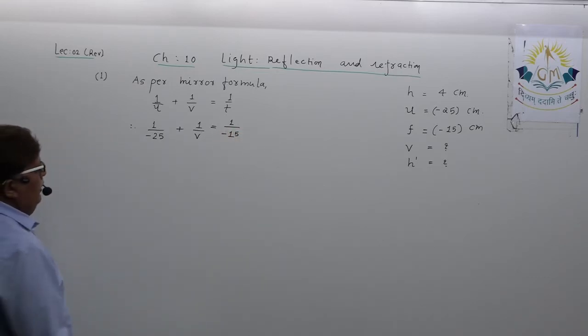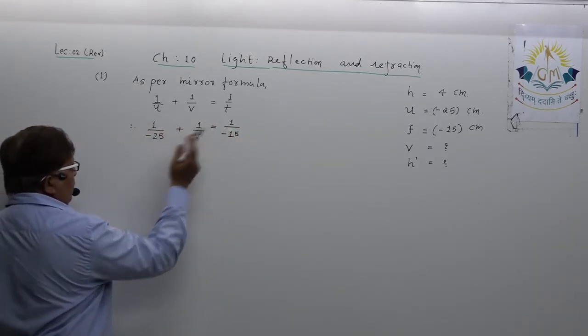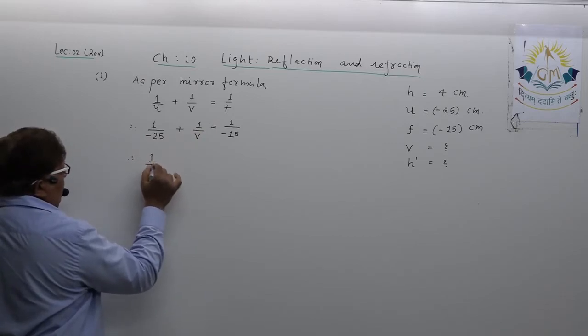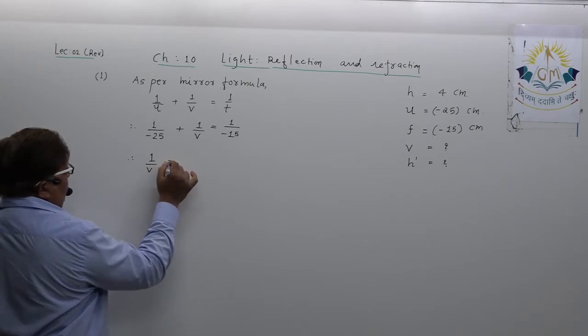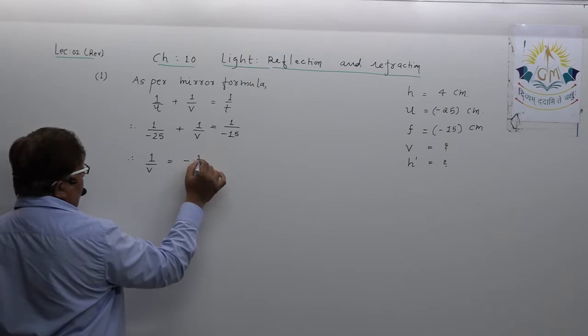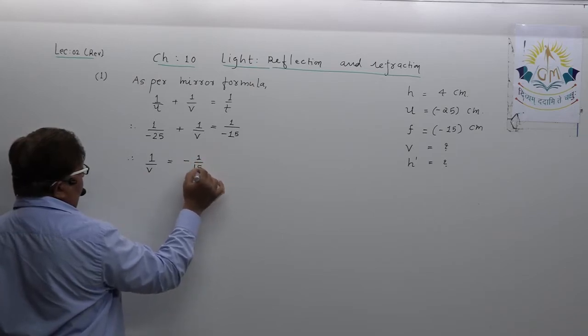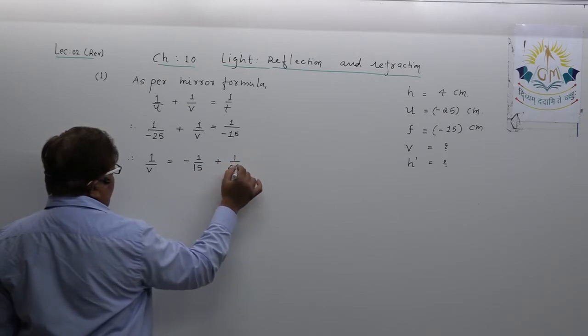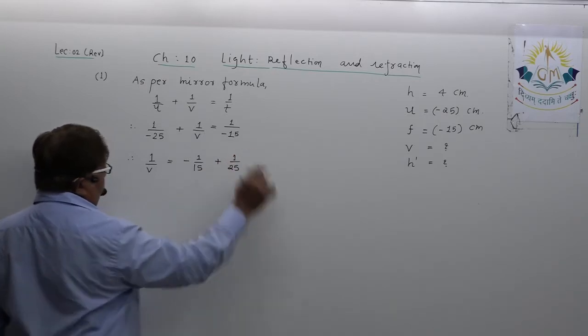Okay, let us transfer this to this side. So we got 1 upon v. Now I am just putting the common sign, minus 1 upon 15. This is to be transferred here, plus 1 upon 25.